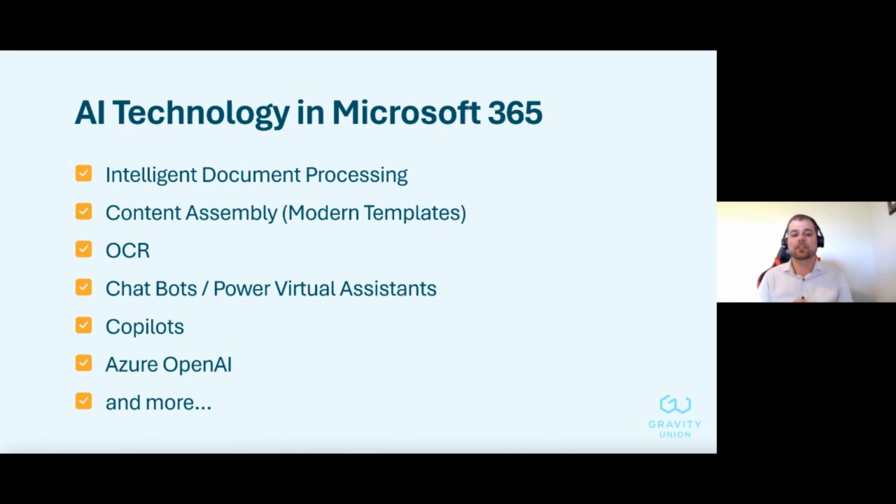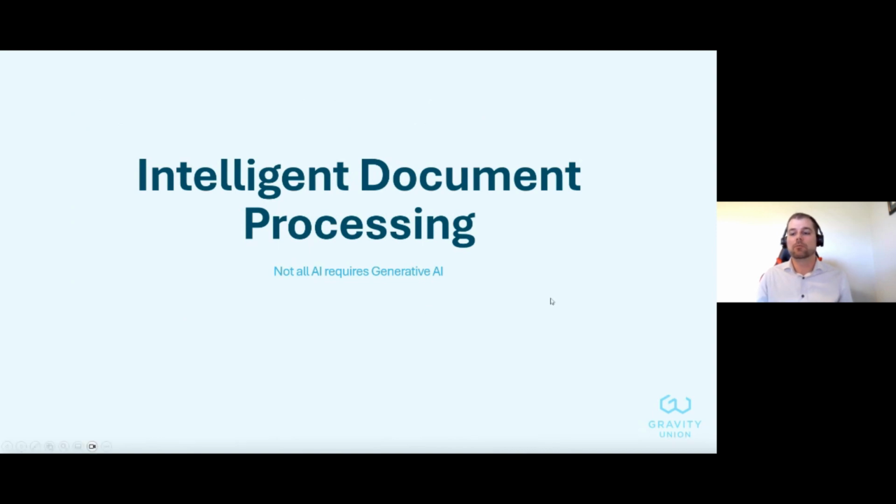We have the Copilots that are all coming, and then there's Azure OpenAI and some other things as well. I'm going to give a real quick demo of intelligent document processing, because not all AI requires Gen AI. You might not be ready for that. The cost might be too high to implement some of these Copilot things, but there are other pay-as-you-go services that we can do.